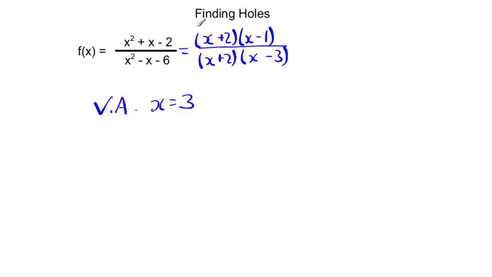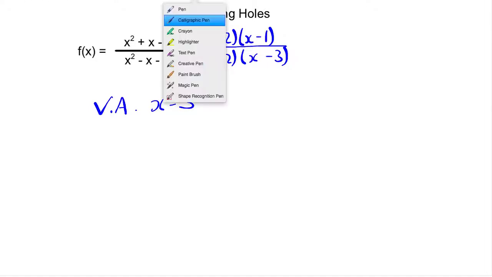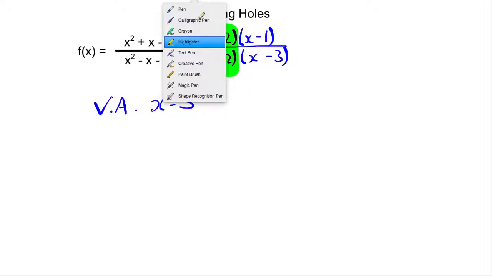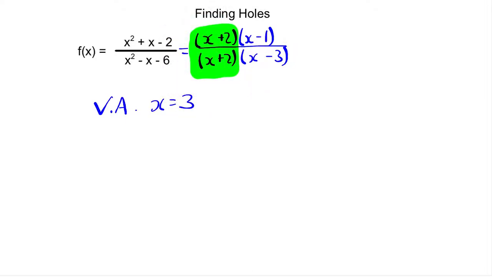And the reason is because I can cancel out these two factors. So whenever we have two factors in the numerator and the denominator that are the same, we can cancel them out. We call this removable discontinuity. And this removable discontinuity will give us our holes.